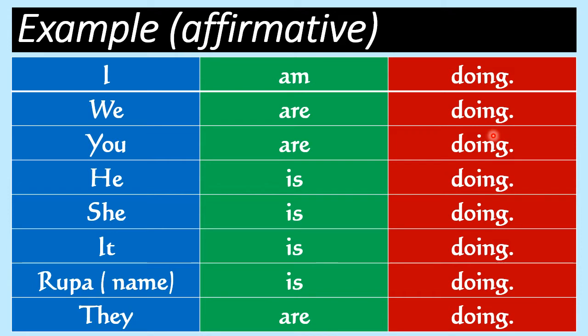I am reminding you again, present continuous is formed by subject plus auxiliary verb and the ing form of the base form. Here, the first column is the subject column. Second one is the auxiliary verb, and the last one is the ing form of the main verb. This is important to remember which auxiliary goes with which subject.